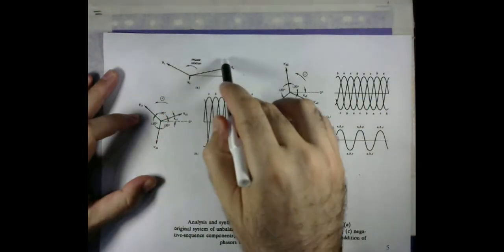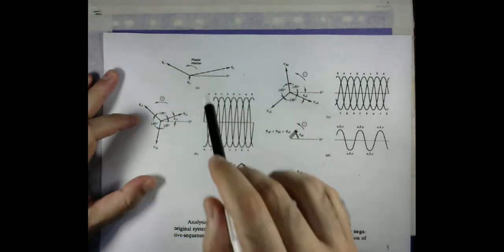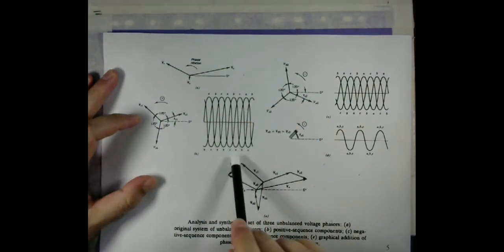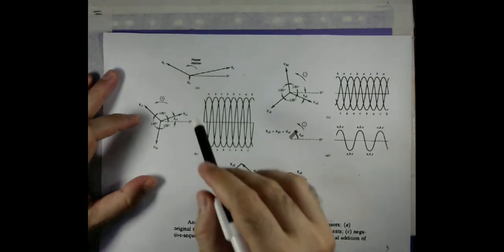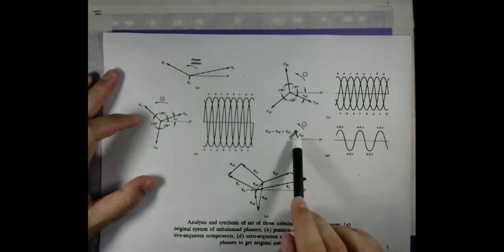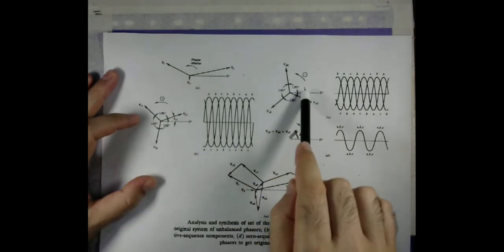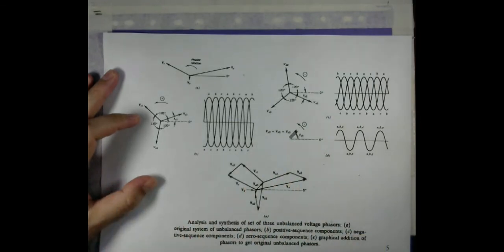Now let me show you that this situation can be equivalently represented here, where each phase quantity is decomposed into 3 quantities: a zero sequence component, a positive sequence component, and a negative sequence component. How to get it, I will talk about later on.